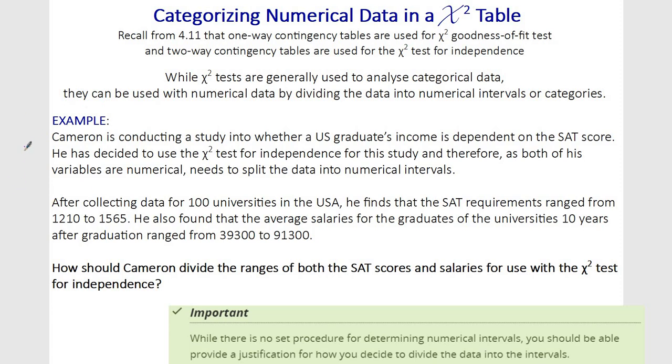It's talking about SAT scores and income after graduation, so salaries. Cameron has to decide how to split the SAT scores and the salaries to use the chi-square test for independence. There is no set procedure for doing this.